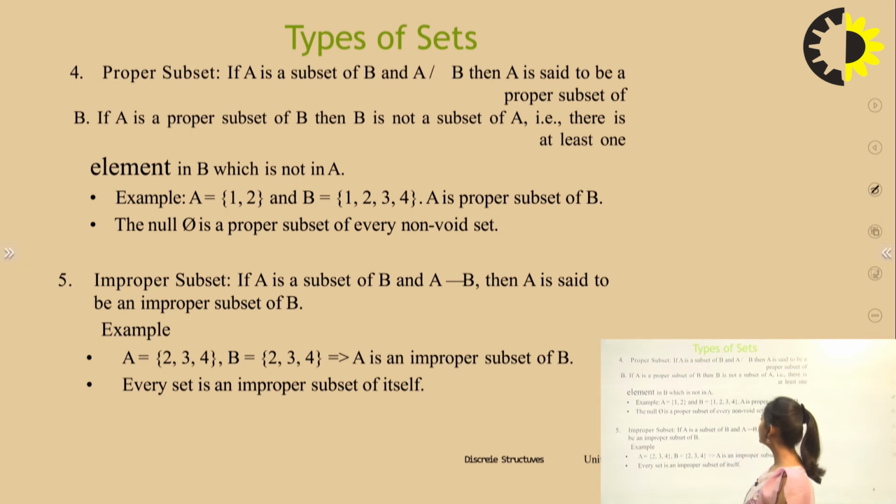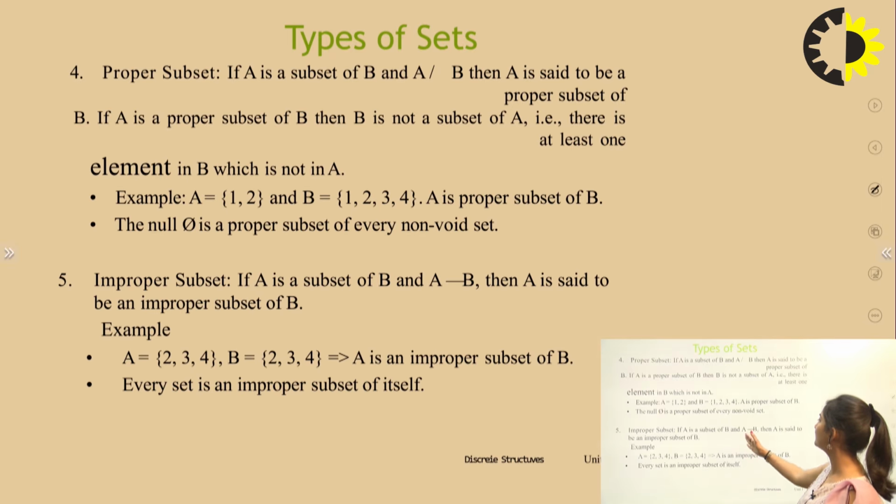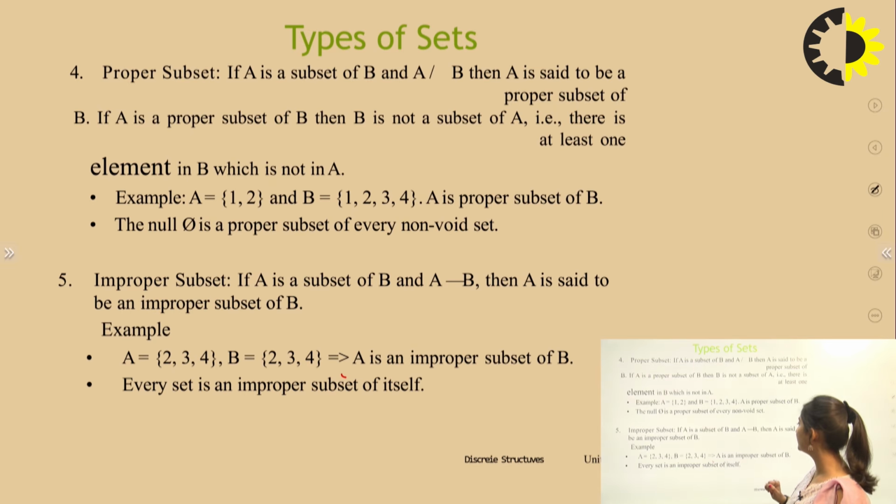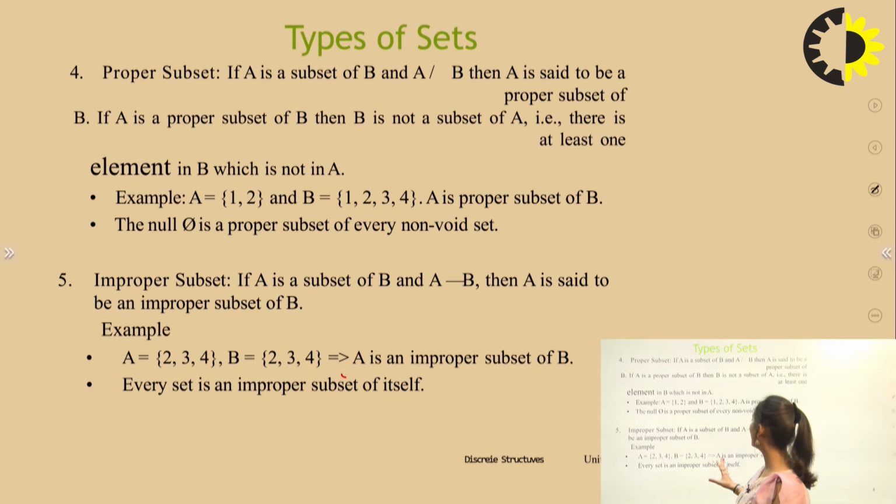An improper subset means if A is a subset of B, then A is said to be an improper subset when they are equal. Every set is an improper subset of itself. Improper means they are exactly equal. It is like a student teaching another student in the class, they both are at the same level. That's an improper subset.